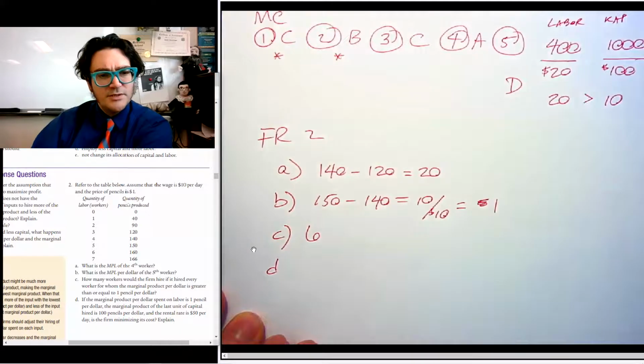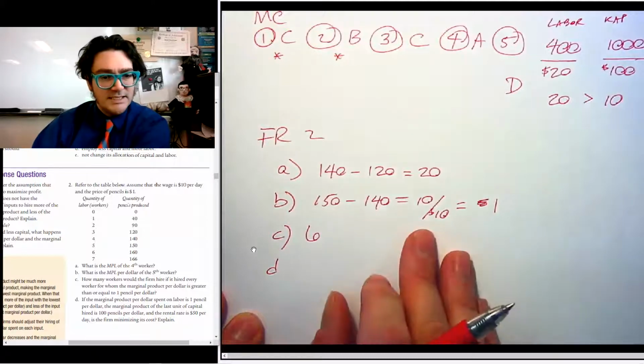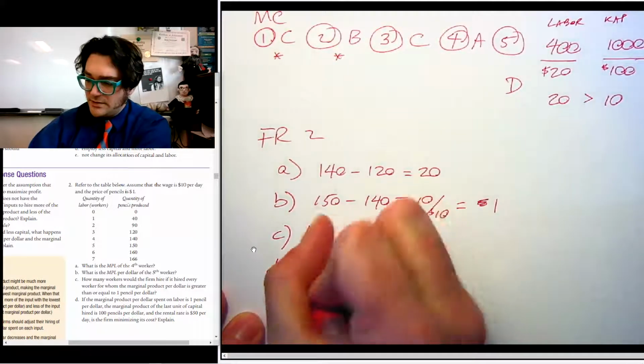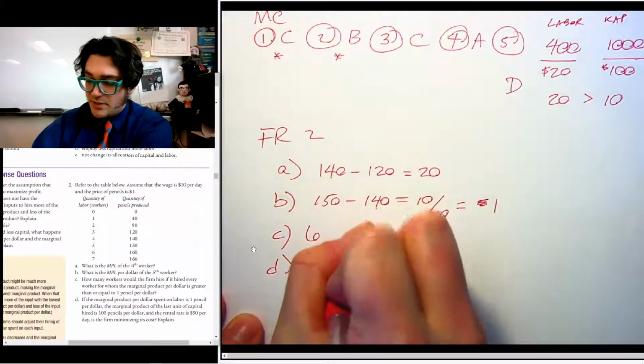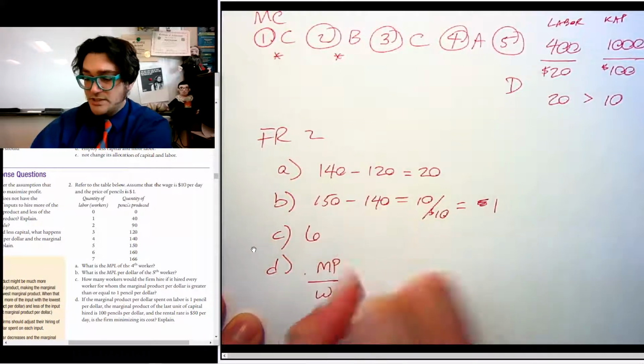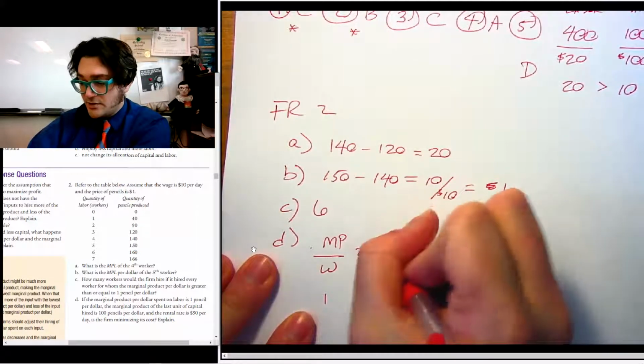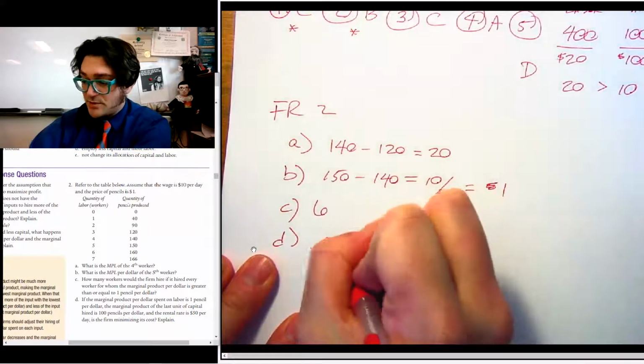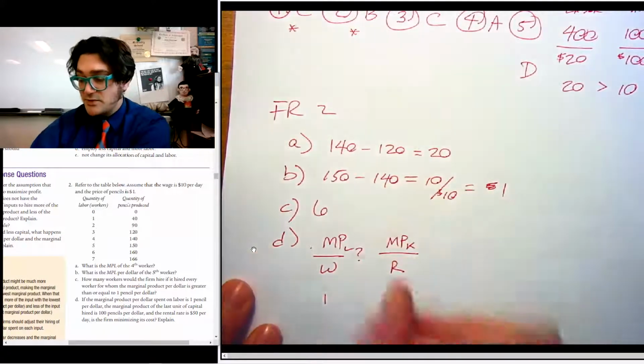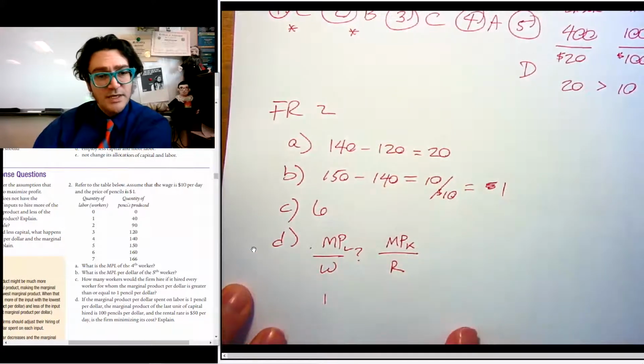D: If the marginal product per dollar spent on labor is 1 pencil per dollar, the marginal product of the last unit of capital is 100 pencils, and the rental rate is 50 per day, is the firm minimizing its costs? The MP over W is already given as 1, and we ask whether the marginal product of capital divided by the rental rate equals that.